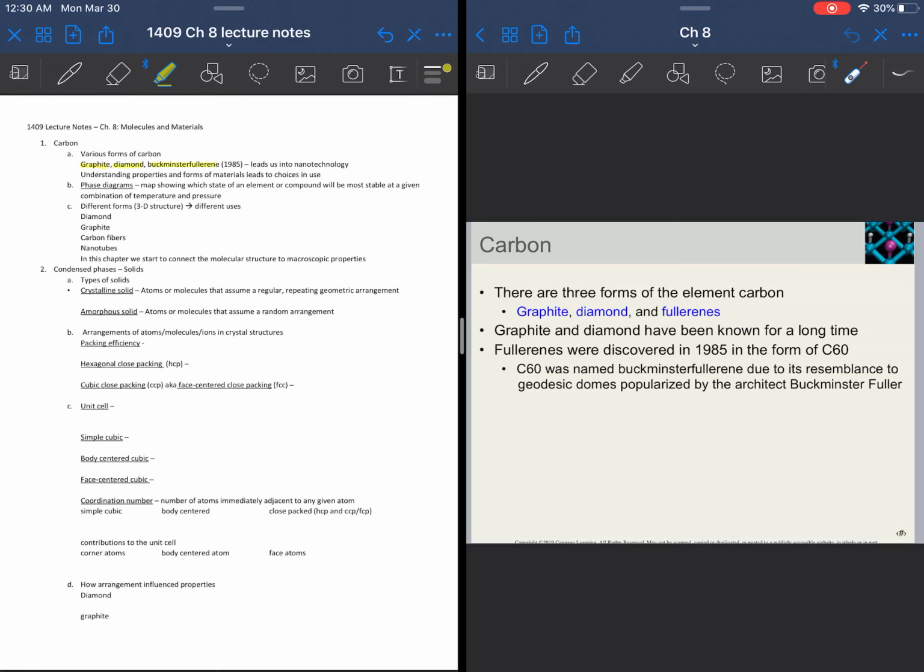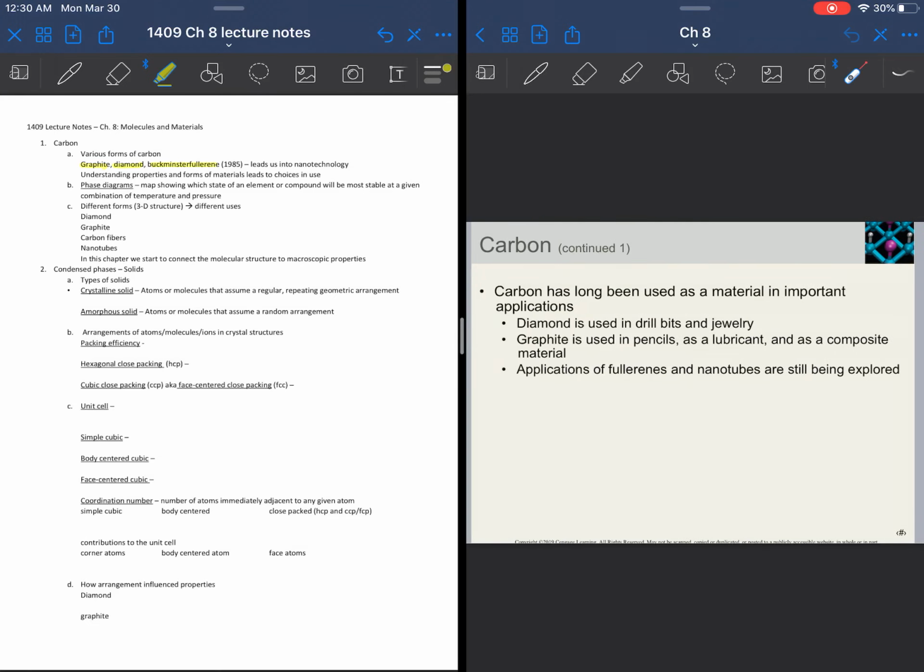Understanding the properties and forms of this material helps us to choose what type of carbon we might want to use. Right? Diamond is used in drill bits and jewelry. Graphite, with very different properties, is used in pencils. It's a lubricant, and it's a composite material. Applications for fullerenes and nanotubes are still being explored, as it's comparatively a newly known form of carbon.